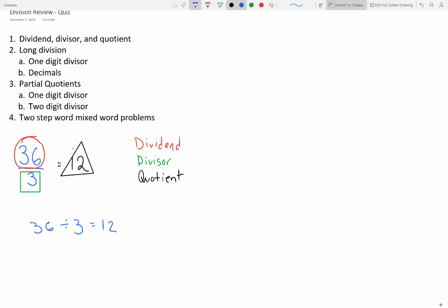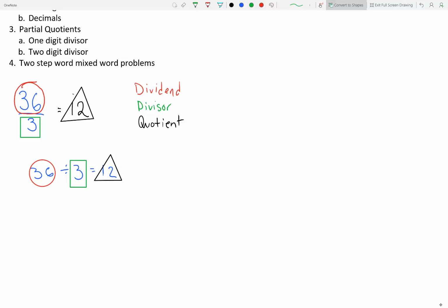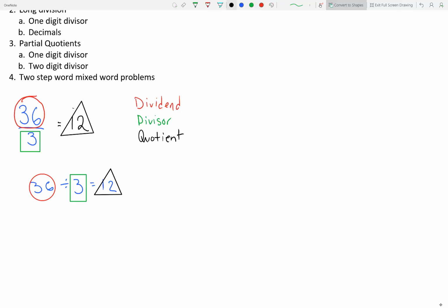So once again, this is your quotient, this is your dividend, the number being divided, and this number is your divisor. Another way to write this problem would be to draw it inside of this.